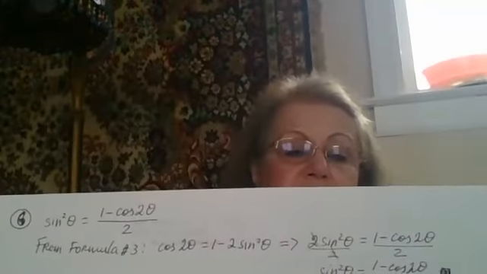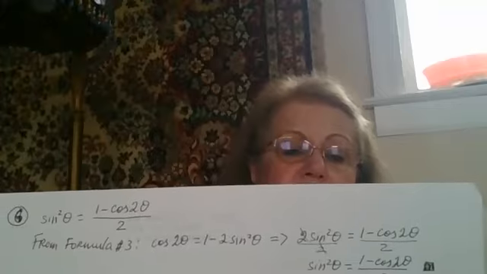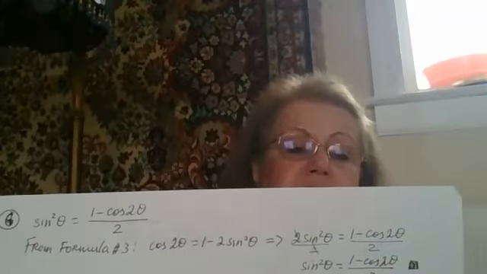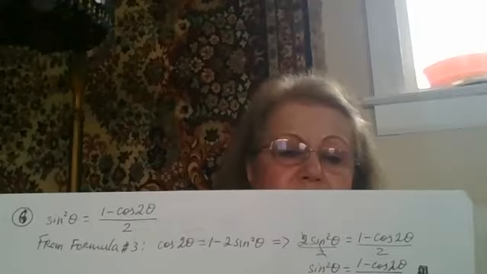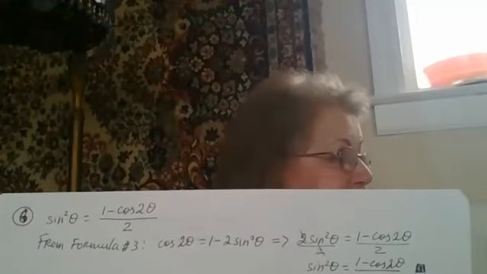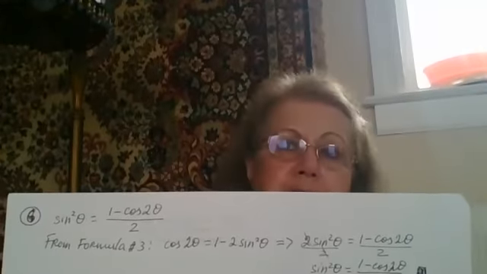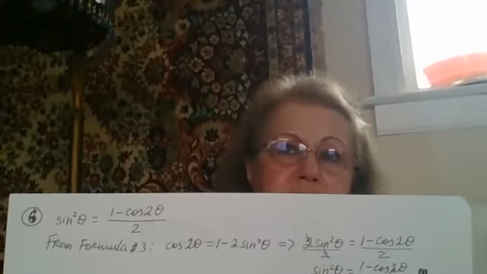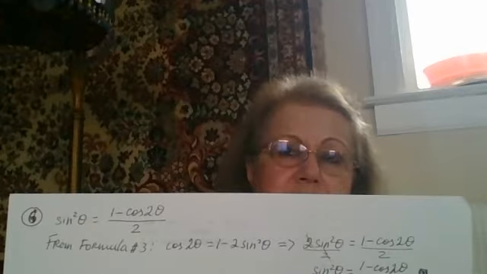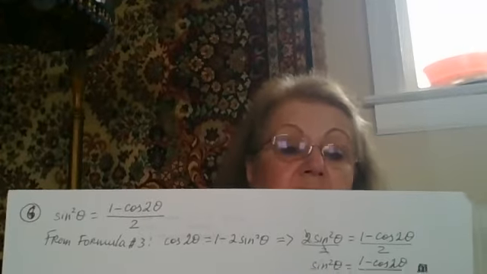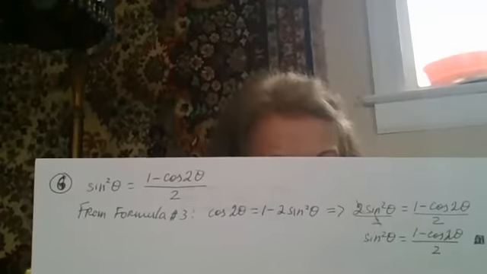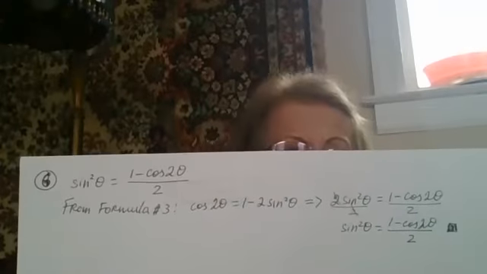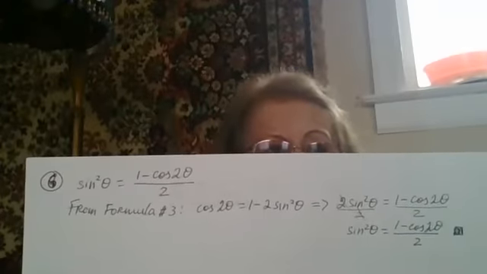Sine square theta equals 1 minus cosine of 2 theta over 2. We have here theta, and we have here 2 theta. Can we say that theta is a half of 2 theta? Yeah. And I provided the proof for that formula, which you can see right there; during the break time, I wrote it down.